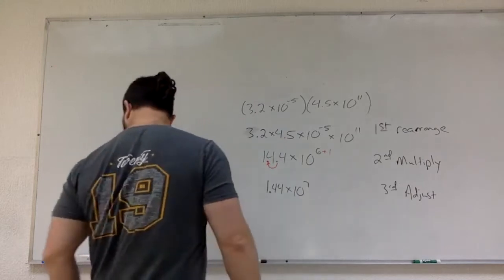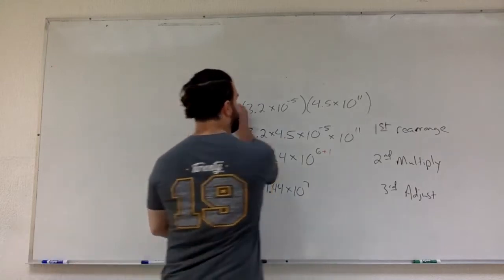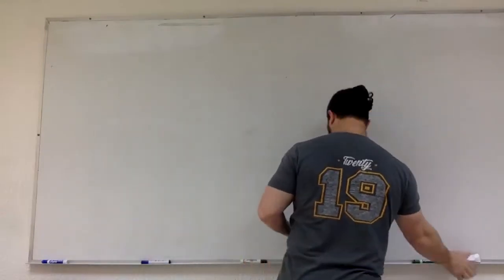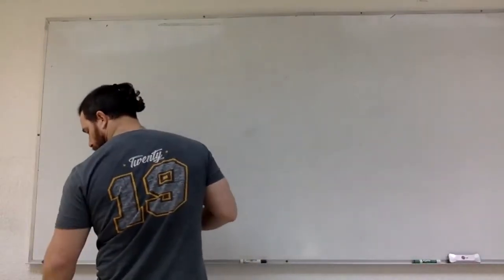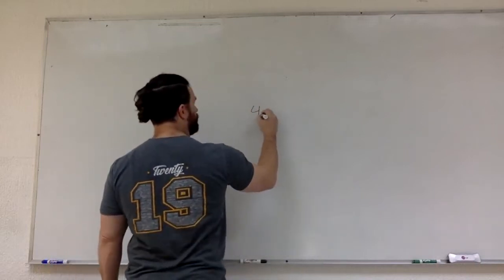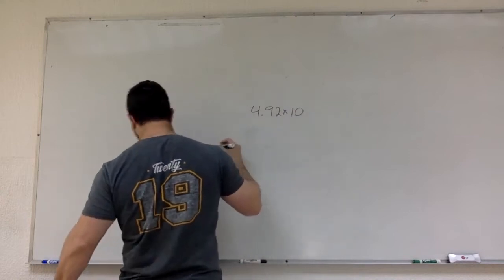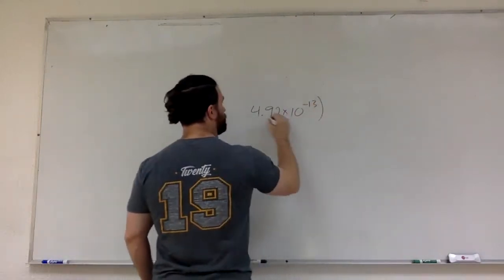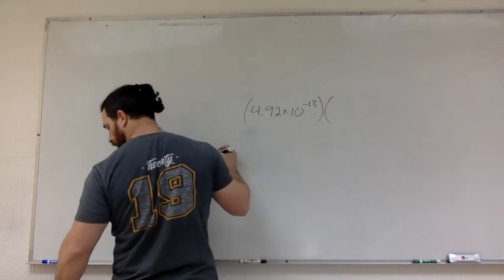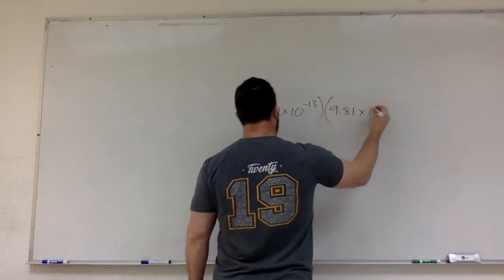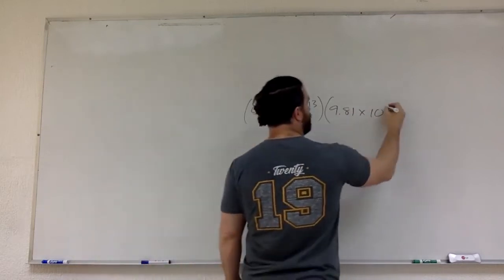Try another one. What if I got 4.92 times 10 to the negative 13, times 9.81 times 10 to the 15th.